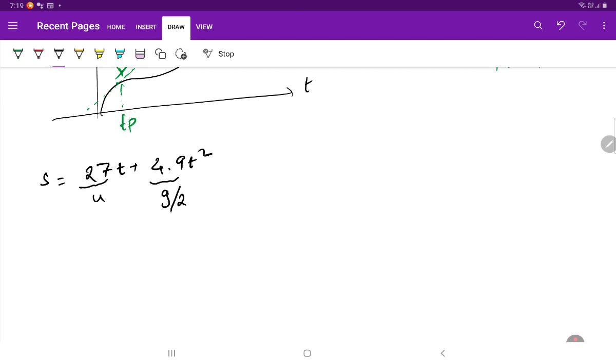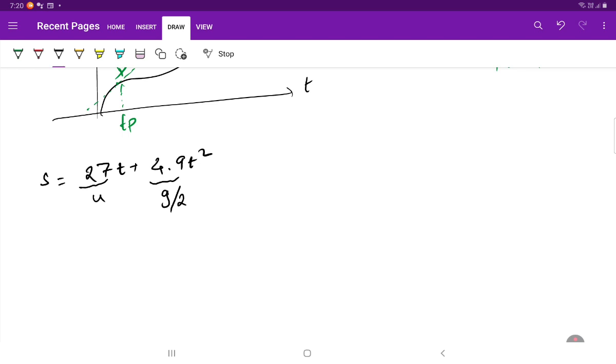Basically, it's saying that we are throwing a ball downwards with 27 meter per second under the influence of gravity. That is, the velocity direction and the gravitational acceleration direction are parallel.